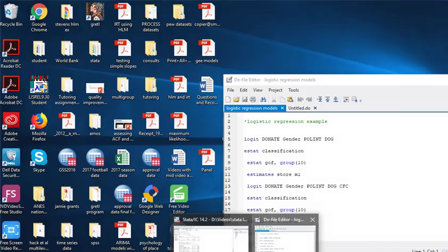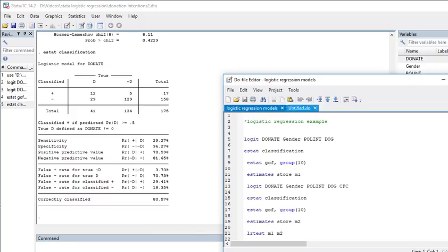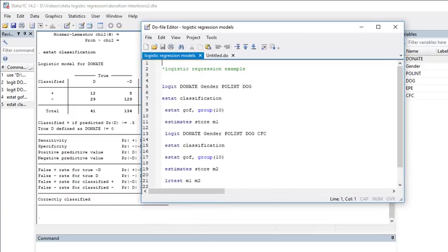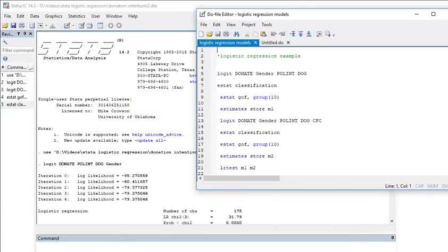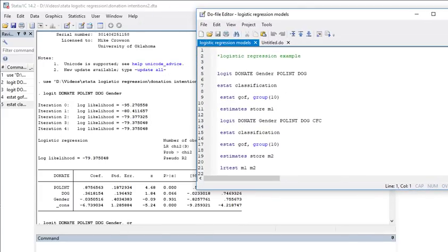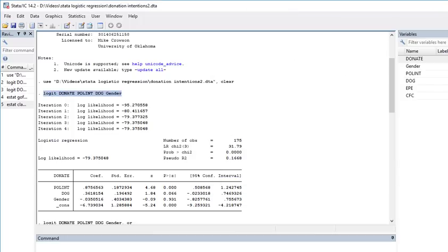Now, I do want to note too that you can also use syntax in order to run these models. And the nice thing about Stata is that if you run your models through the menu options, you actually get the syntax for each of them. So you can see right here it says logit and then the names of these variables right here.